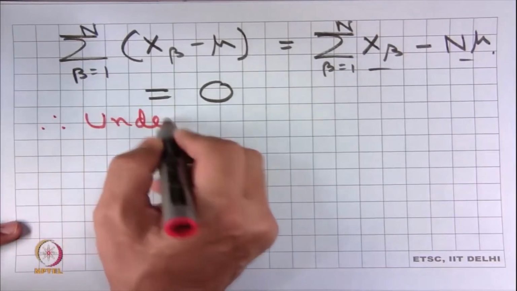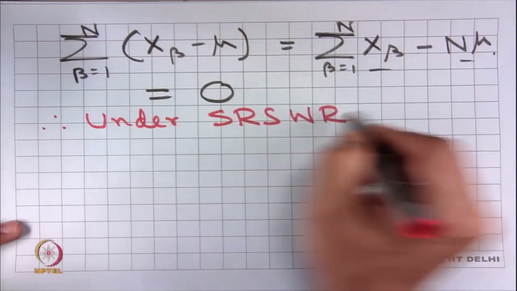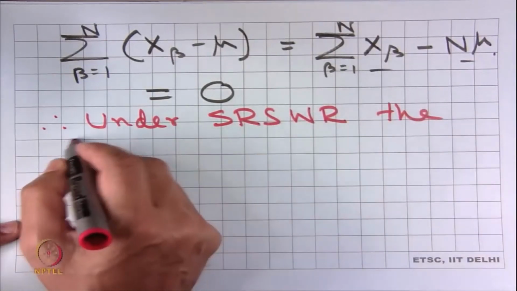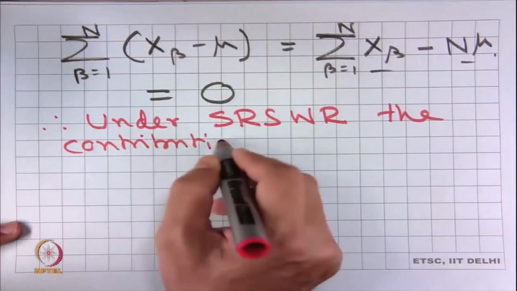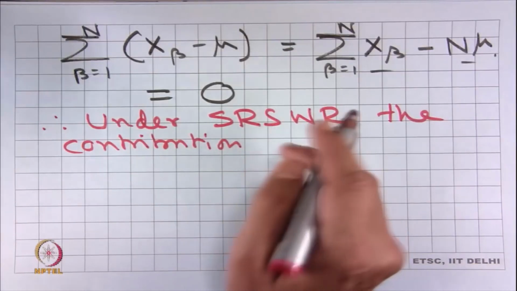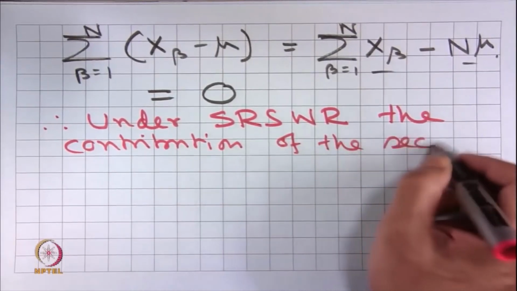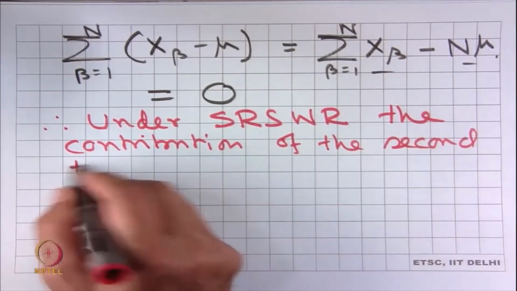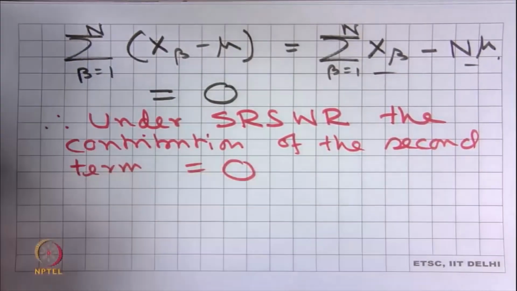Therefore, under SRSWR, the contribution of the second term is equal to 0.